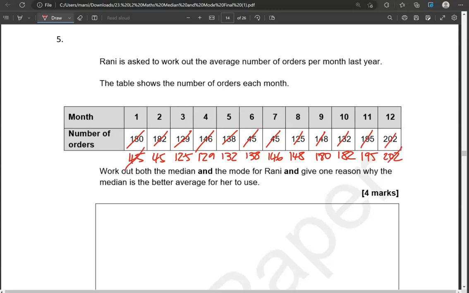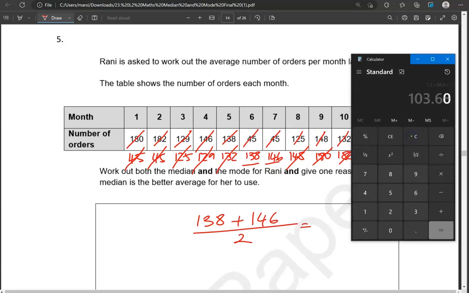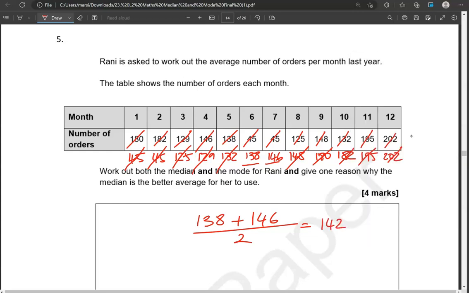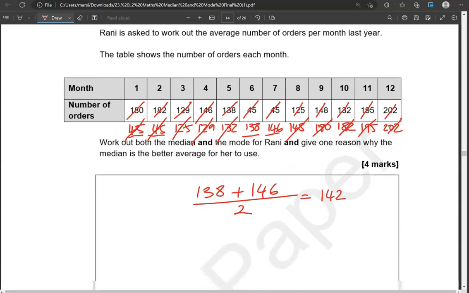Crossing out the numbers on both sides, we have 138 and 146, so we add the two together and divide by 2. And that gives us 142. So that's the median, whereas the mode is 45 because that's the only number that appears twice.